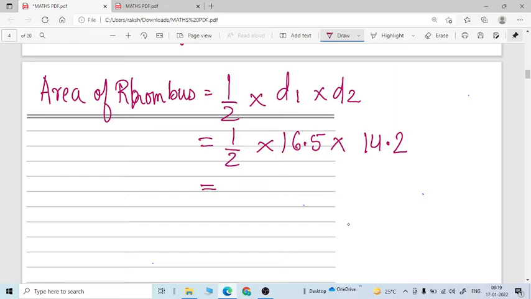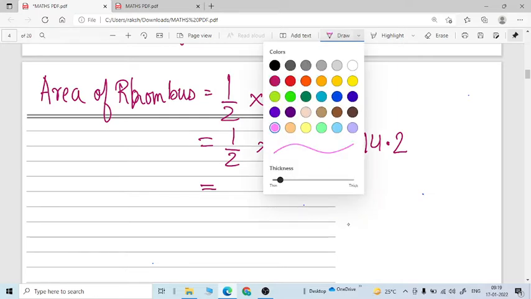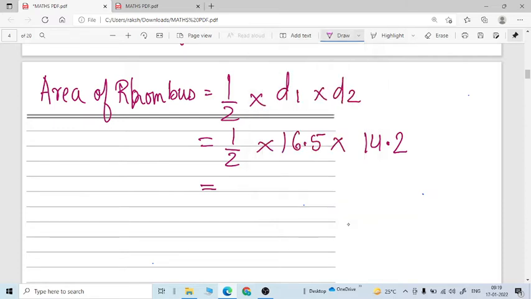Students, calculate. One part of the calculation I will tell you: half of 14.2 is 7.1.